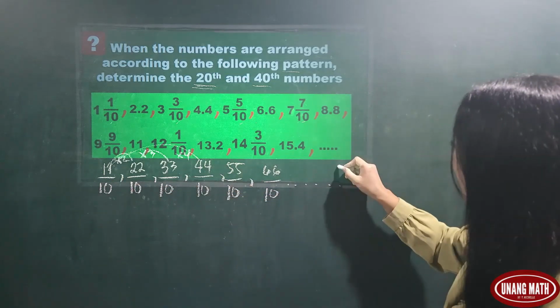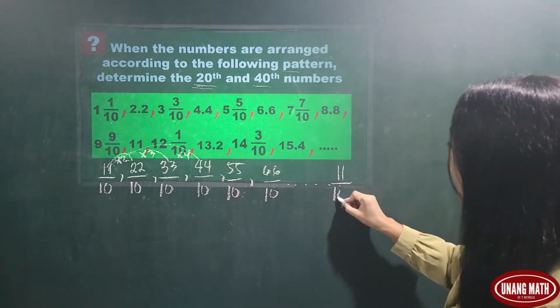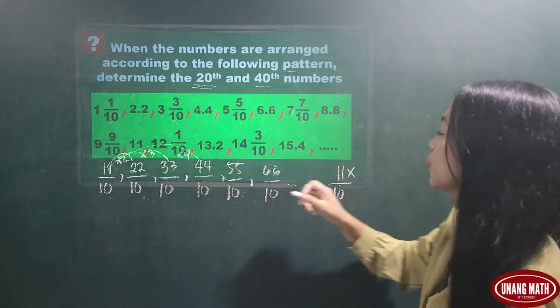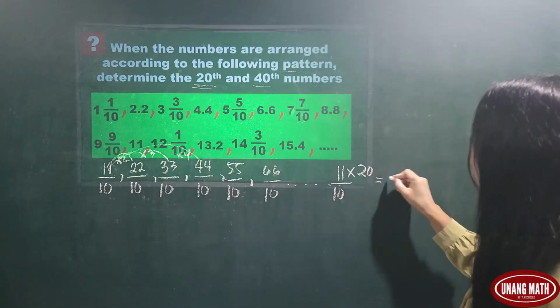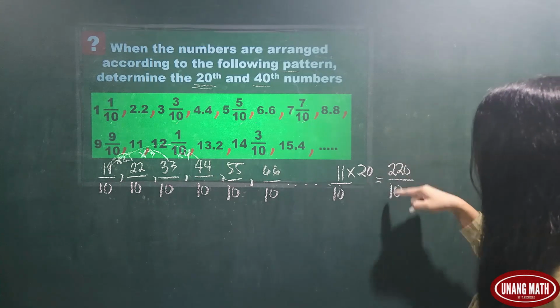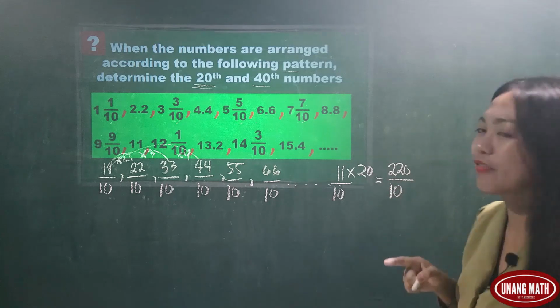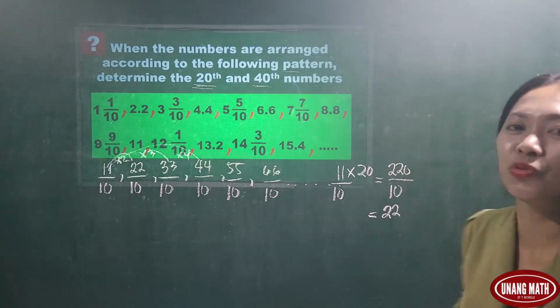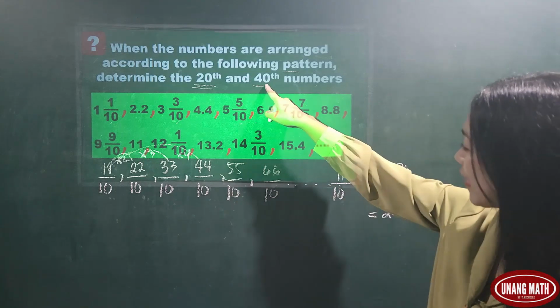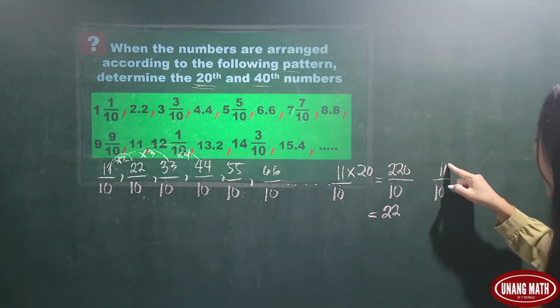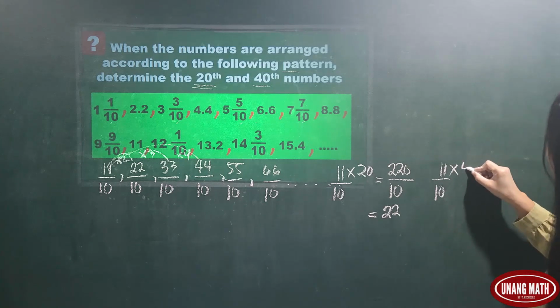Okay, so, ang 11 over 10, ang numerator natin, i-multiply natin sa 20. So, this is 220 over 10. 220 divided by 10, this is equal to 22. Okay, how about ang 40th number? Ang 11 over 10, ang numerator na 11, i-multiply natin sa 40.